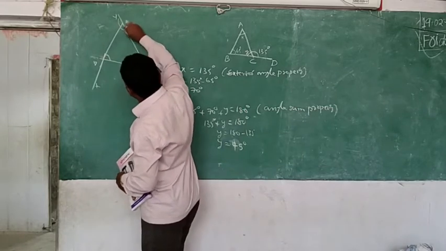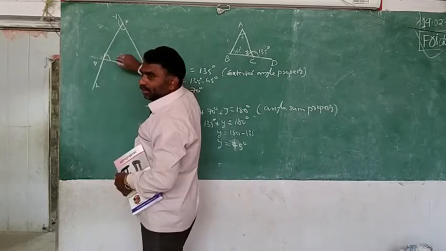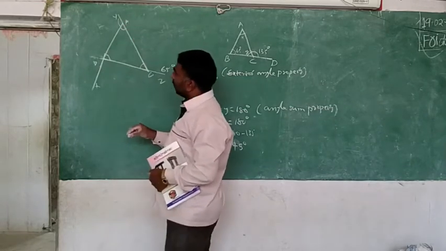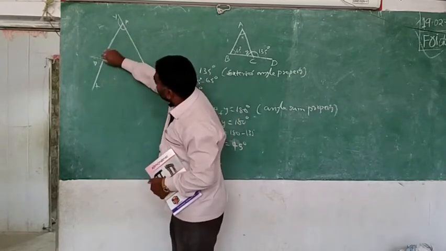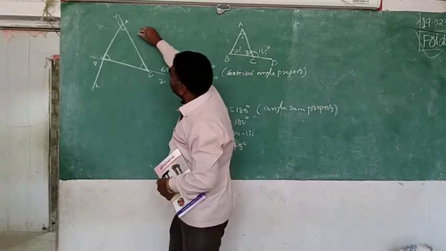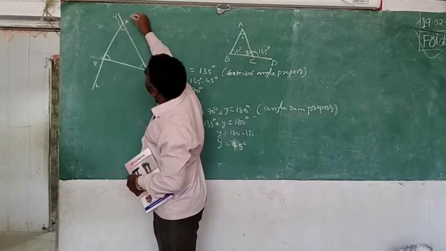What about this angle? Like this: angle A, B, C. Now exterior means this one.